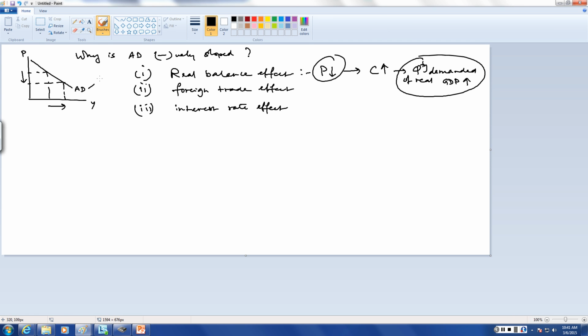You have the four shoppers, so to speak. Am I correct? The four shoppers. Who are the four shoppers? Households, the government, firms, and the rest of the world. So now we're saying when the price level falls, our monetary wealth increases, we feel wealthier, hence we go shopping more, and that is one reason for the negative slope of the AD curve.